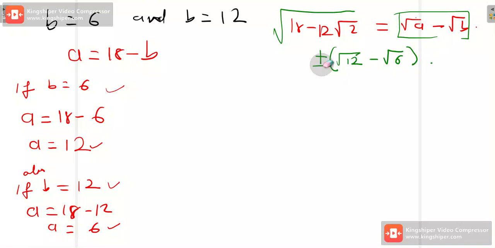Now remember that the answers can be two. If you write root of 12 minus root of 6, that is, if you take a to be 12 and b to be 6, you can also take a to be 6. Then you are going to have root of 6 minus root of 12. Take note that these two values are not the same. But remember that 12 is greater than 6.